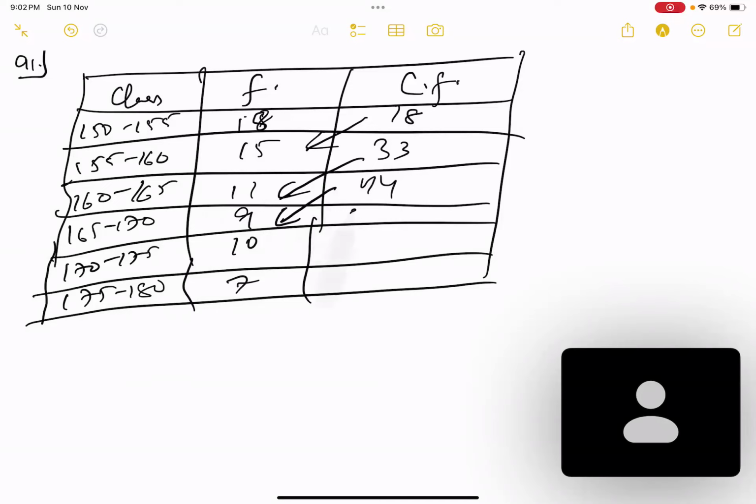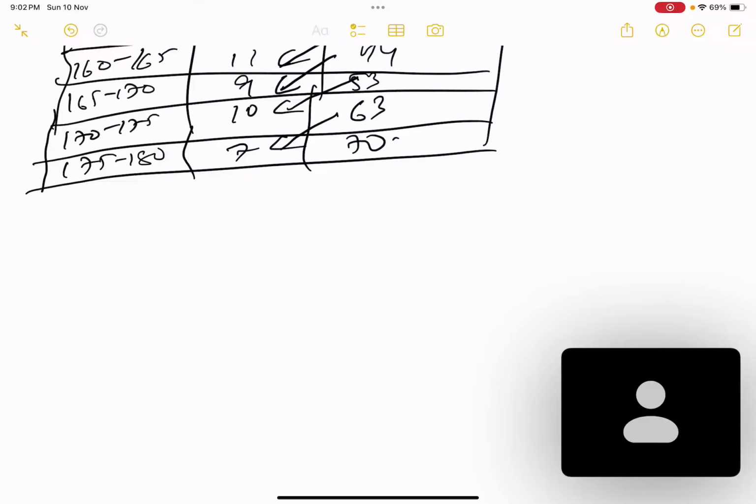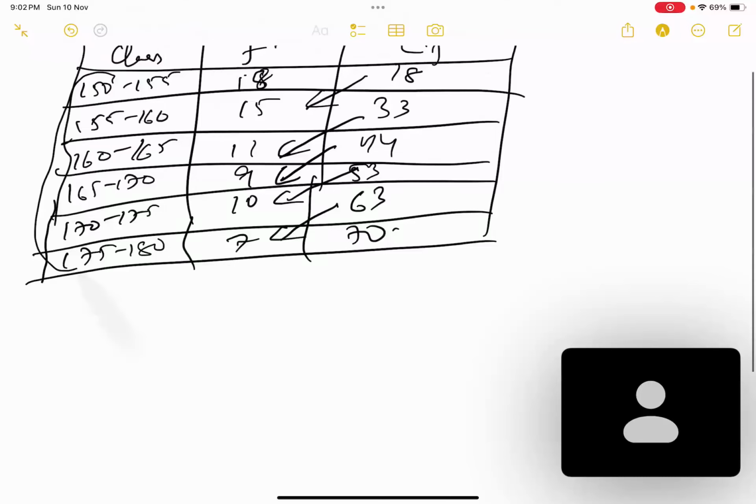Now we have to find the sum of the upper limit of the modal class and the lower limit of the median class. So this is the lower limit of any class, and this is the upper limit.